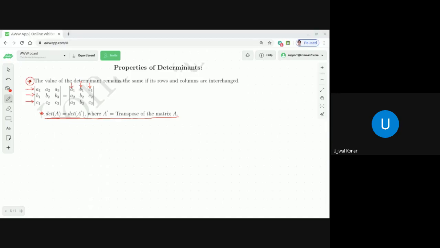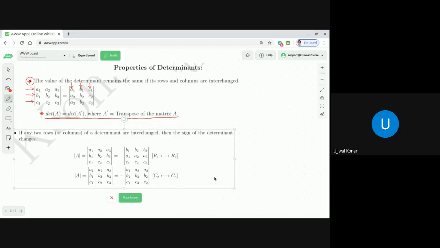Now the second property tells that if any two rows or any two columns of a determinant are interchanged, then the sign of the determinant gets changed. Let me show you this and then we'll discuss further.